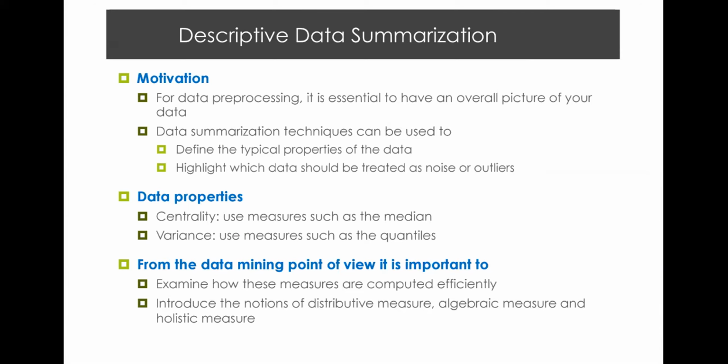After data pre-processing is done on the given data objects, you can represent that data as an overall picture. For example, take the salaries of the employees of a particular organization.